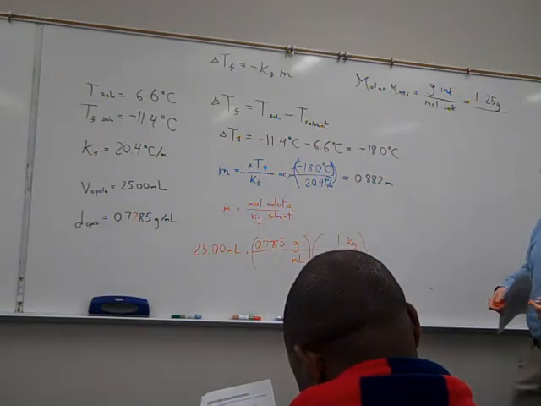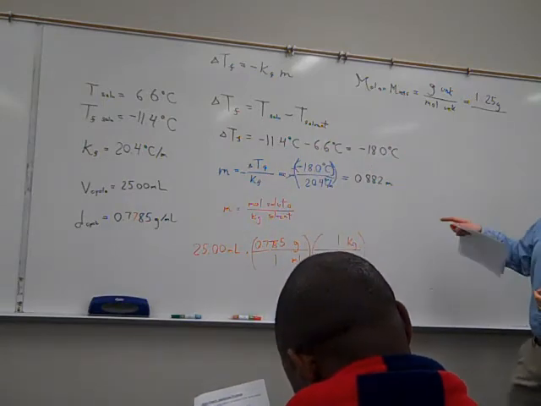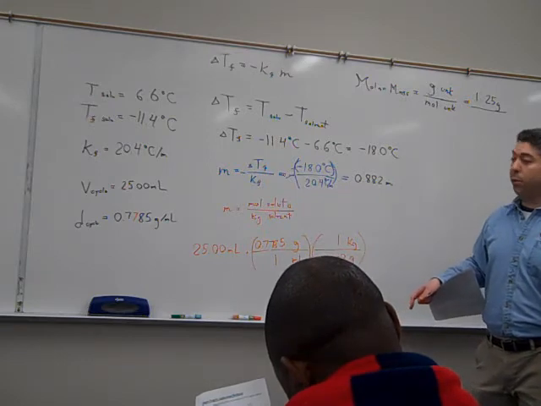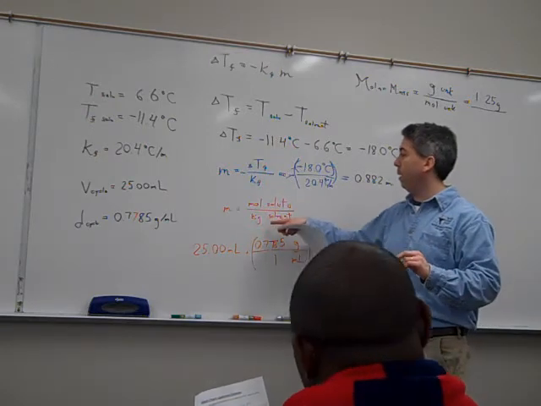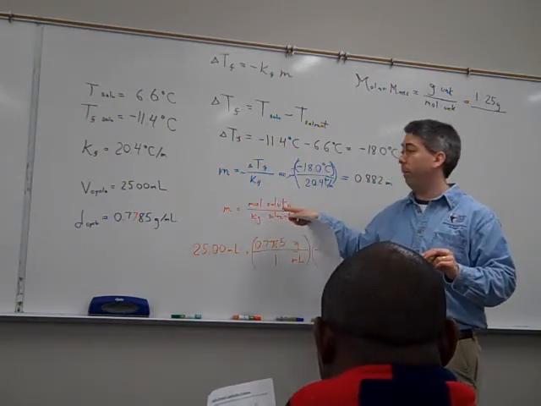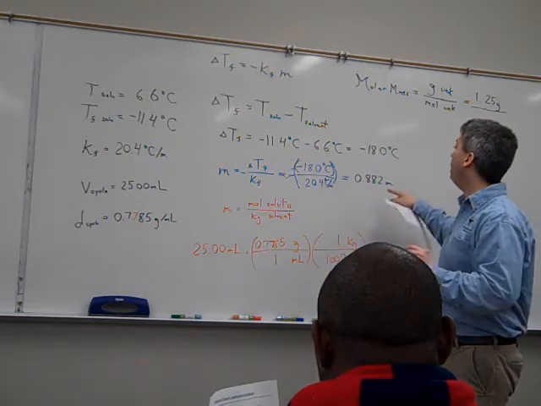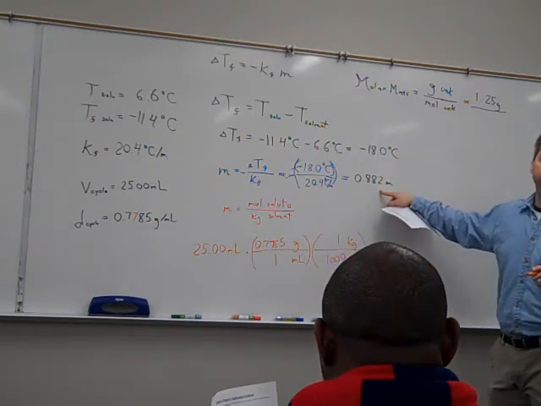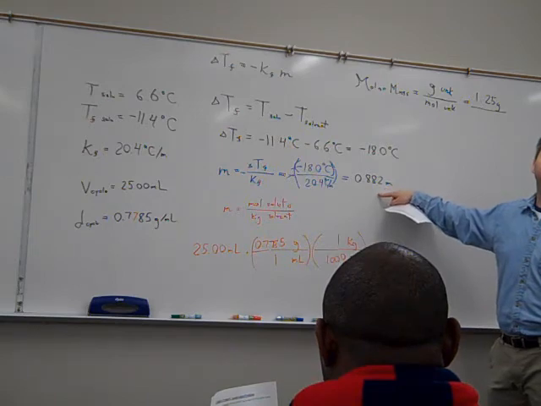Thank you. So now we have kilograms. There's 2 ways we can do this. We can take this answer and plug it in here along with the molality and solve for the moles of solute. Or we can just use molality as a conversion factor, because remember, molality means moles per kilogram.